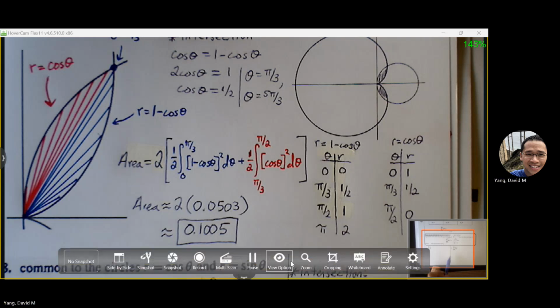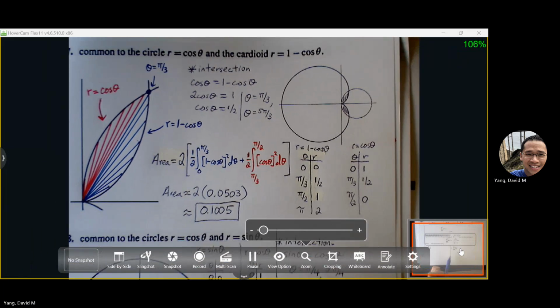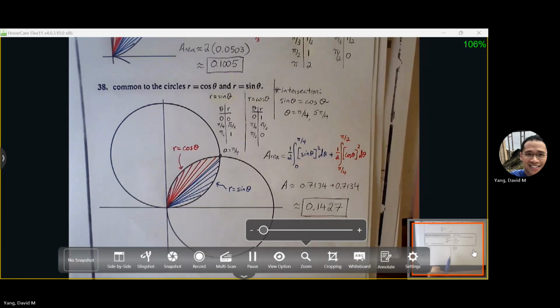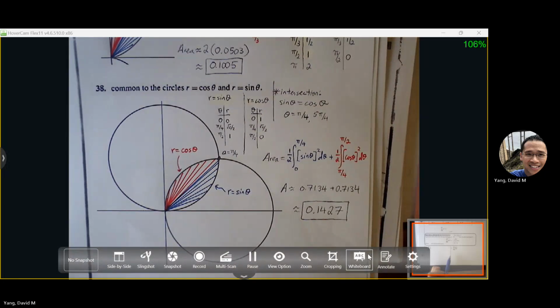Show 38. So from 0 to pi over 4 in blue, I'm involving that r equals sine theta to give me half of the region that I need.